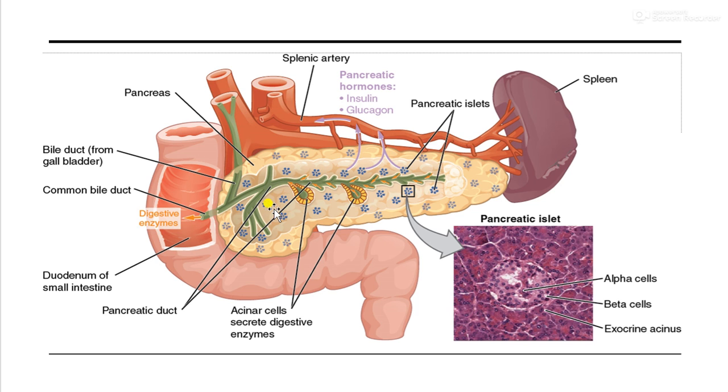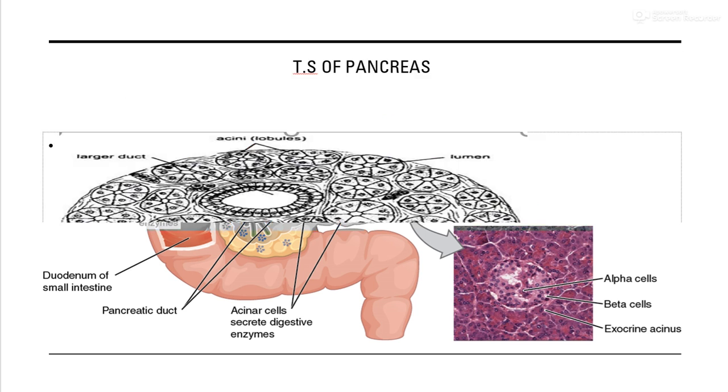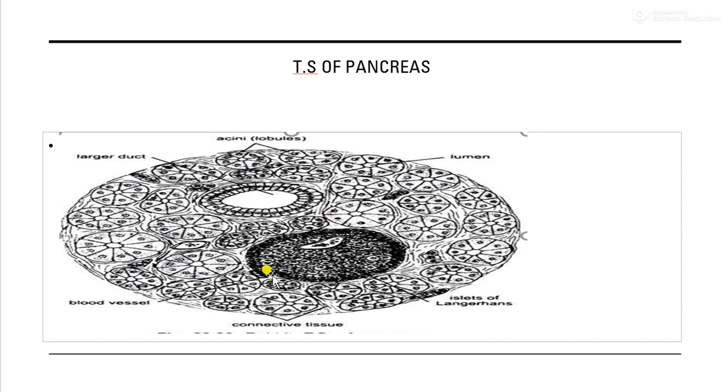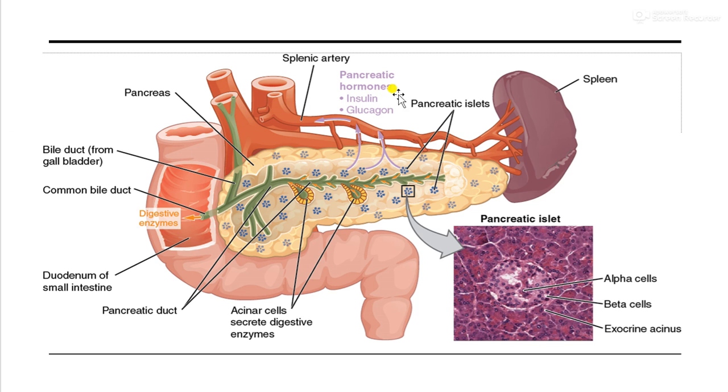Embedded within the pancreatic acinar tissue, there is a relatively small amount of cellular tissue that is quite different in appearance, which occurs in small groups, and that is the interalveolar cell, that is the islet. It is also called the islet of Langerhans. Look at this portion, this group of tissue is called the islet of Langerhans, and the islet of Langerhans consists of three different types of cells, that is alpha cell, beta cell and delta cell.